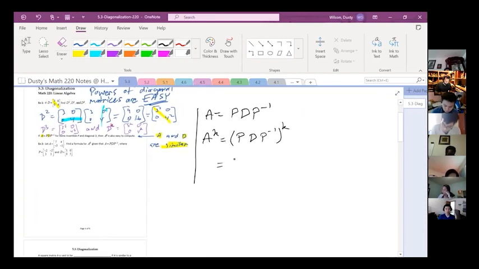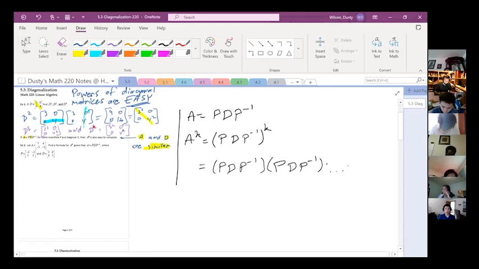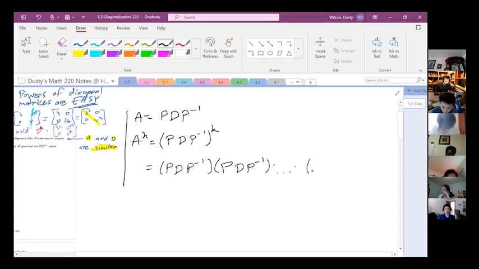So this would be like P D P inverse times P D P inverse times dot dot dot times P D P inverse, k times.